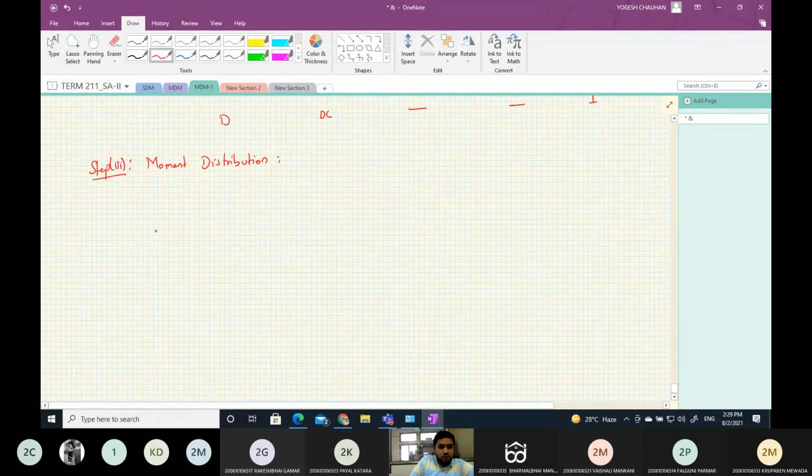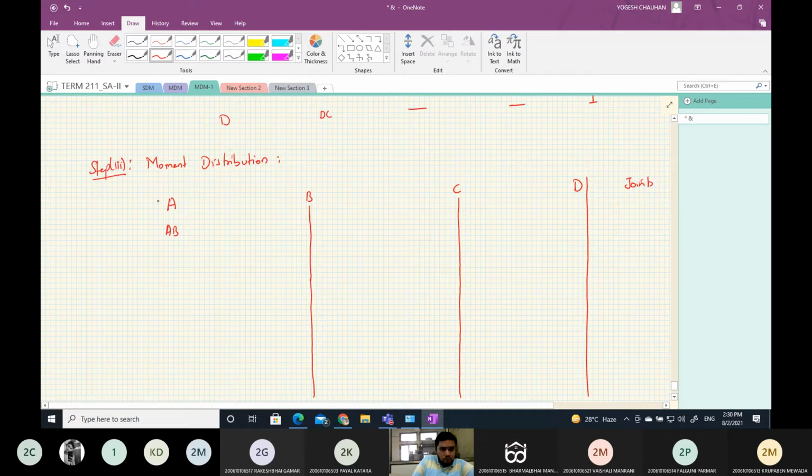The moment distribution will be, let us say, A, B, C and D. These are the joints, members connected to that joint: BA, BC, CB, CD, DC.